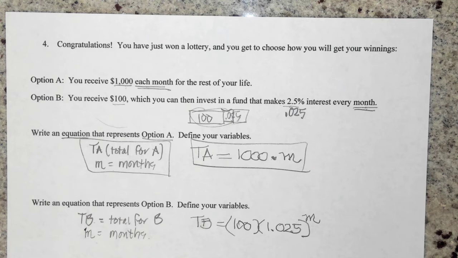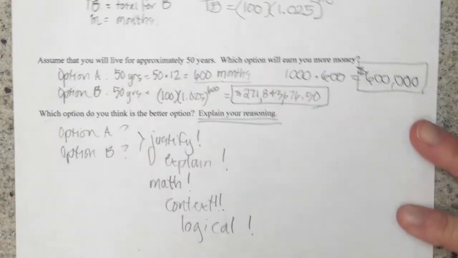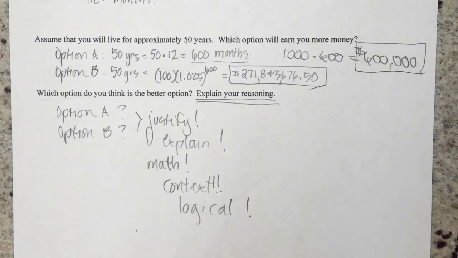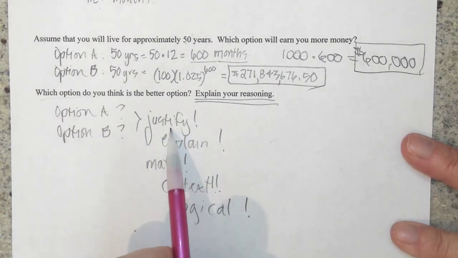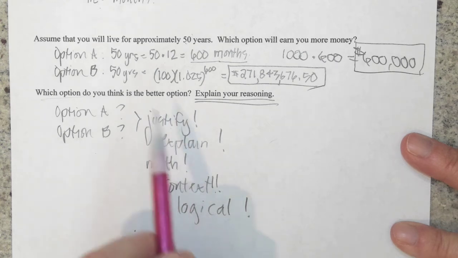This is like a real thing. You could win a lottery and you could very well be asked, do you want the lump sum amount? Do you want to take it over a certain amount of time? Or do you want to invest that? And could it grow? You're going to tell me. Option A, option B. When you justify it, tell me why.